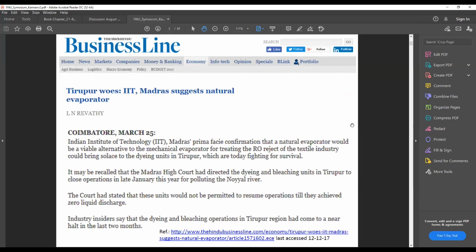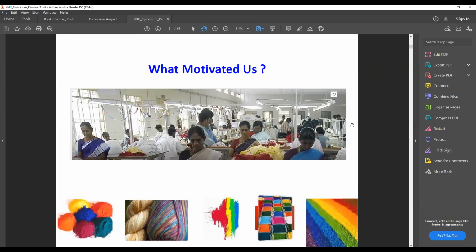So this work was highly publicized, and it came in the newspapers also at IIT Madras, suggesting a natural evaporator. Let me get into the details. So what motivated us? Tirupur is an industrial hub where a lot of activity goes on in textile products production and distribution.